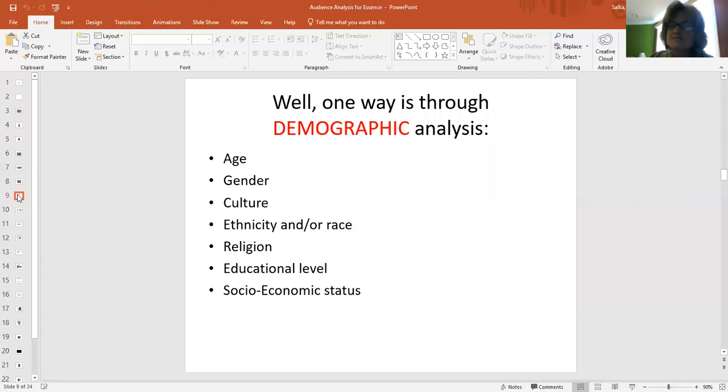Okay, like I said, know your audience demographically. And this has to do with the audience's age, the gender, the culture, the ethnicity or race, religion, the socioeconomic status, and educational level.